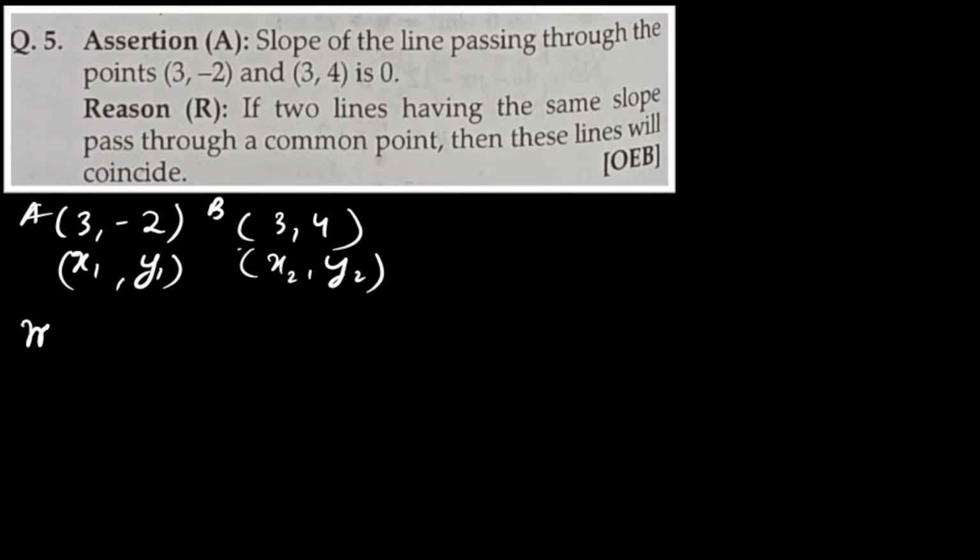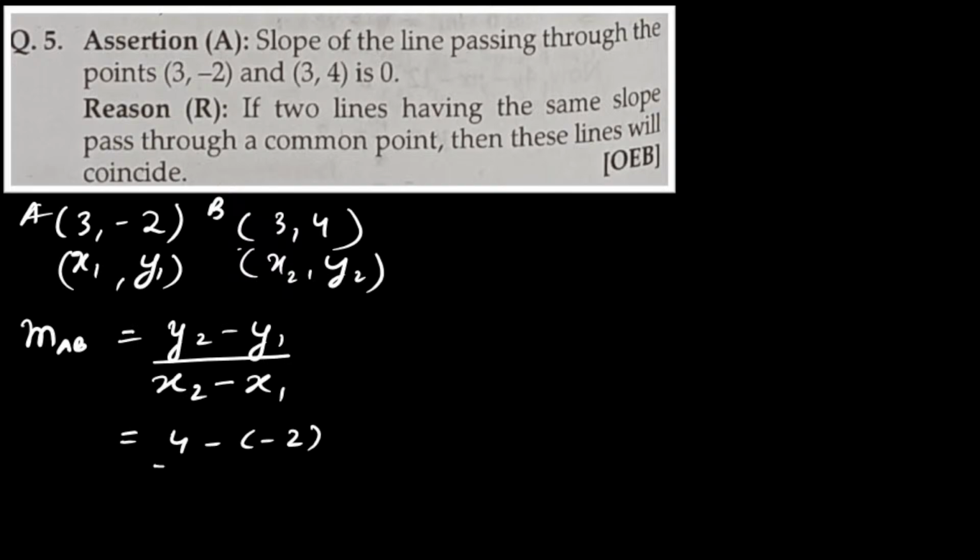So the slope of AB, if I find it, is equal to y2 minus y1 by x2 minus x1. Slope formula I'm just using. y2 is 4 minus y1, which is minus 2. x2 is 3 minus 3.